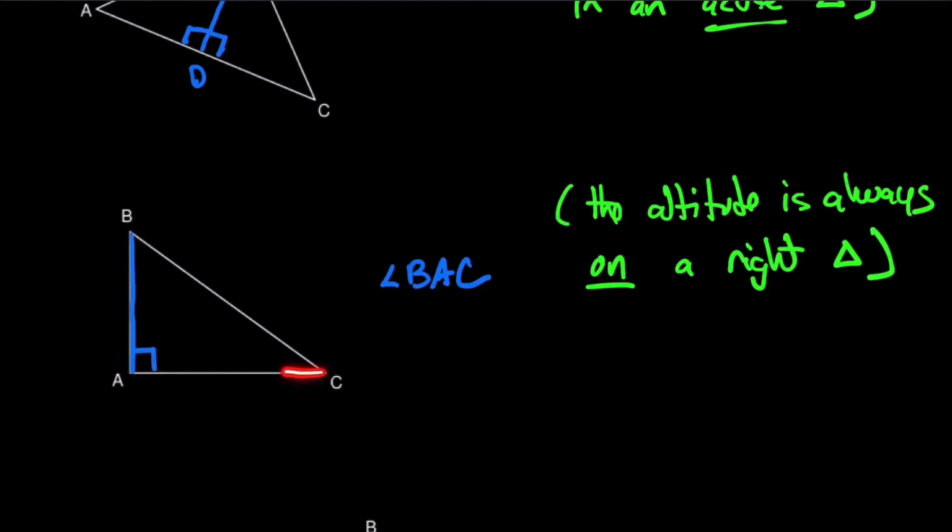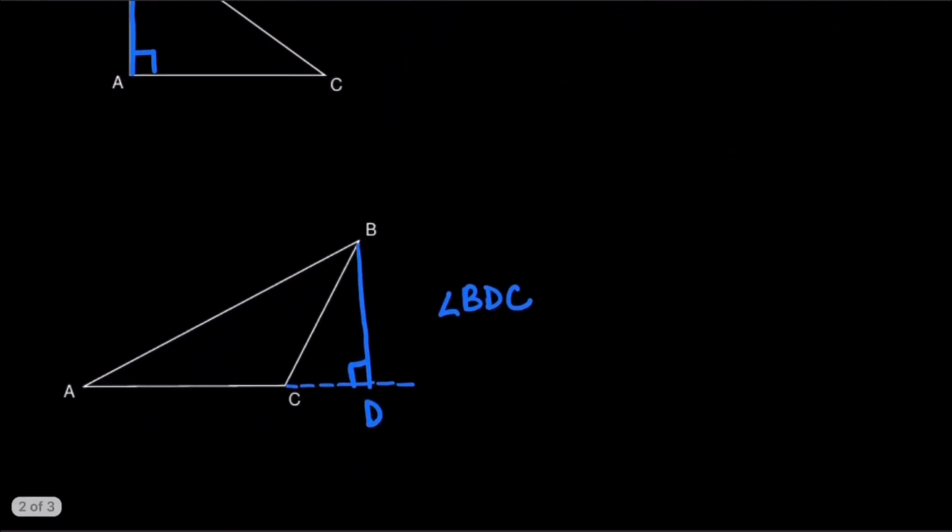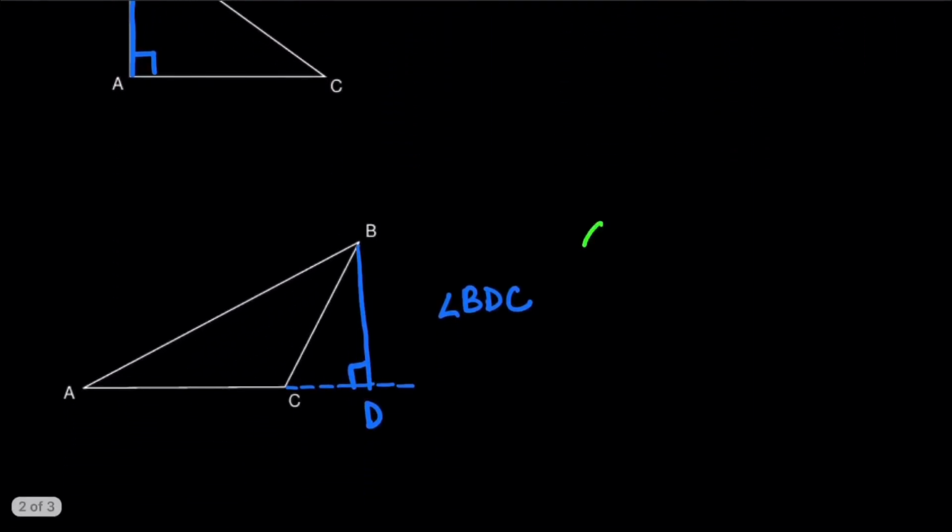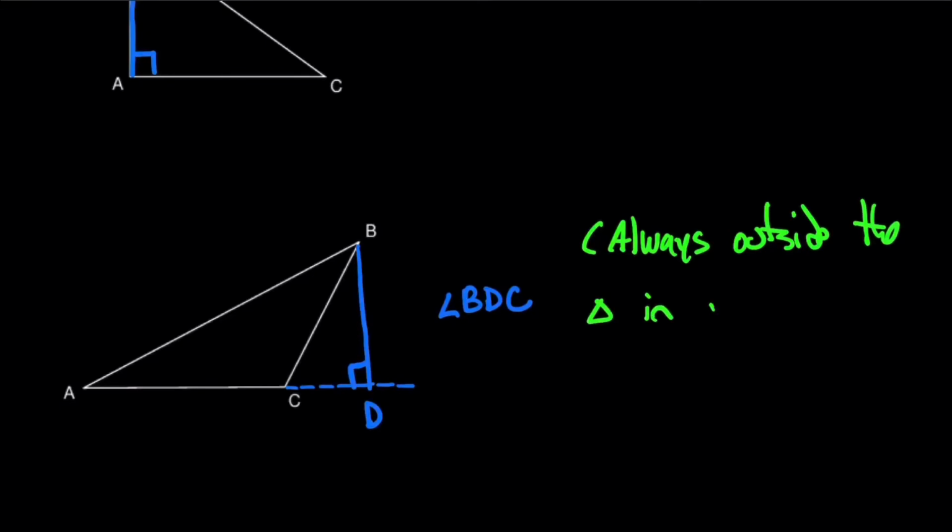If I draw the altitude to that side, that's going to be on it as well. And in an obtuse triangle, you can probably figure it out. It's going to be always outside the triangle in an obtuse triangle. And that's why we had to go outside here.